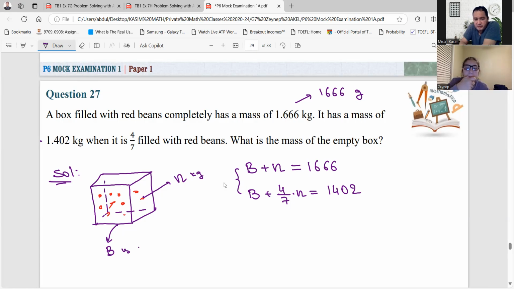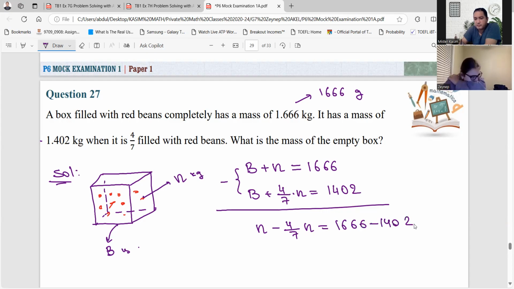I subtract the second equation from the first one, because then B and B will be gone. B minus B is 0. So here we have n minus 4 over 7n. On the right-hand side, 1,666 minus 1,402. This is how we solve two equations. If you're given two equations, two unknowns, we need to eliminate one of the variables.